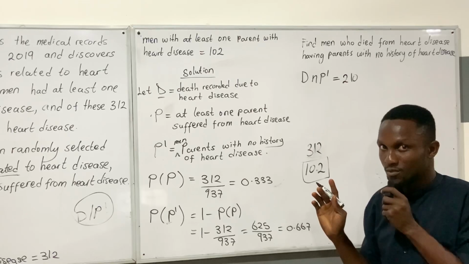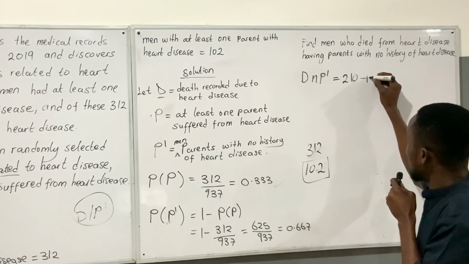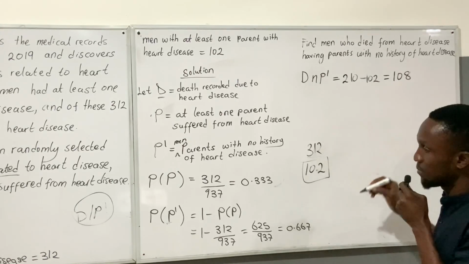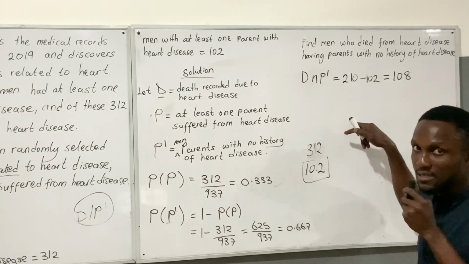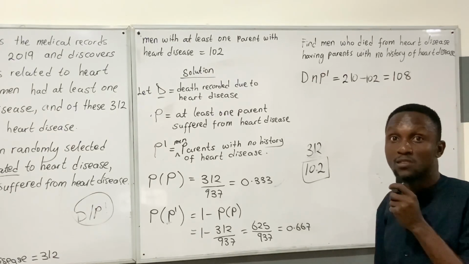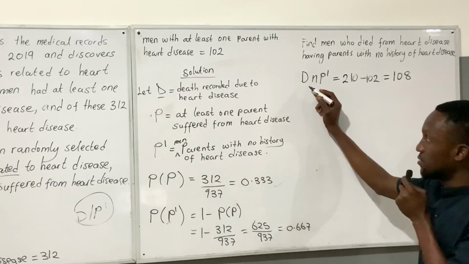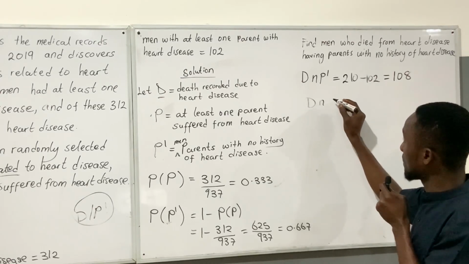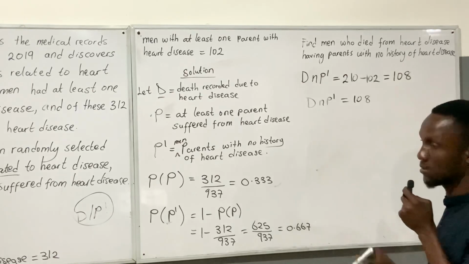So now 210 minus 102 is going to give us 108 men. So these 108 men are men who died, but their parents didn't have any history of what? Heart disease. Now we can continue and solve our question. So D intersection P1 is equal to 108.